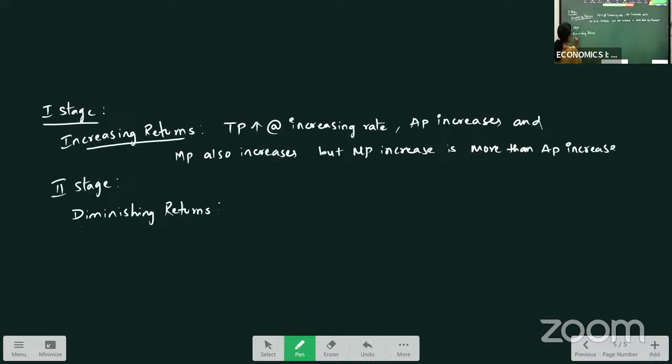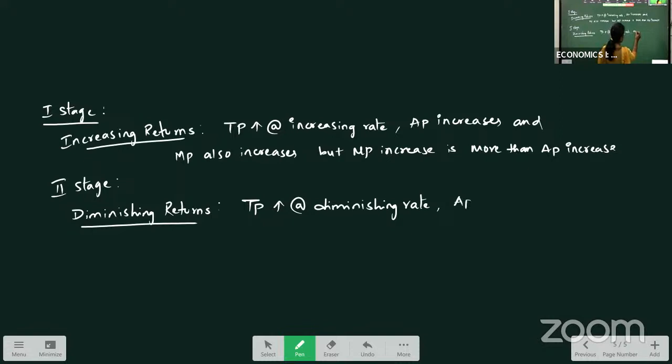So in this stage, we can observe that TP increases at a diminishing rate. When TP is increasing at a diminishing rate, AP decreases and MP also decreases.